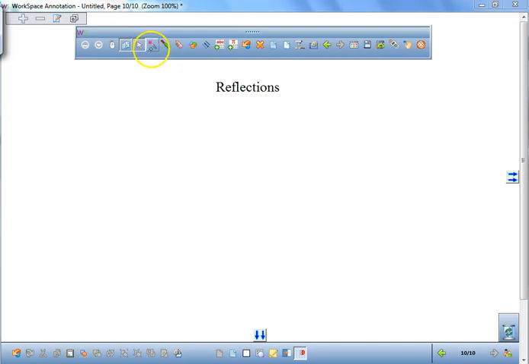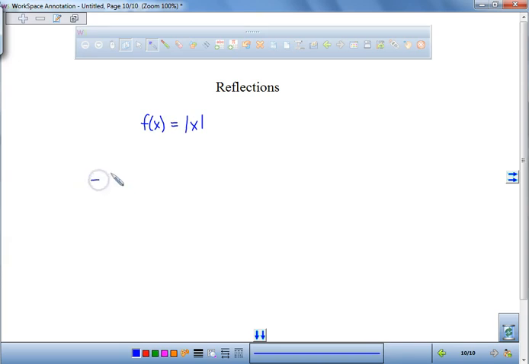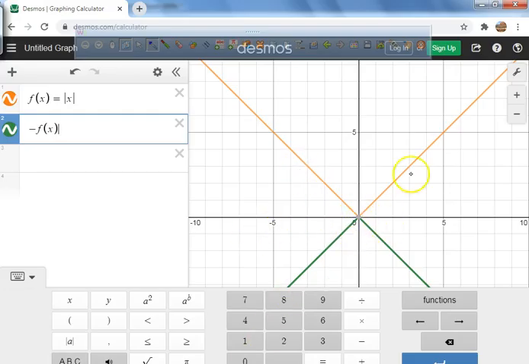Reflections. Now, if our parent function, which is f of x, equals the absolute value of x, what happens if I made it negative f of x, which basically becomes what? Negative absolute value of x. What would you guys describe this as?